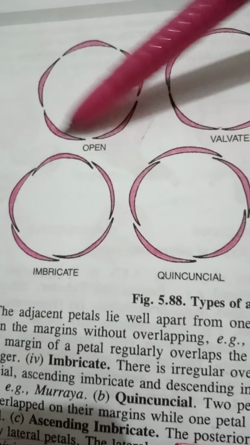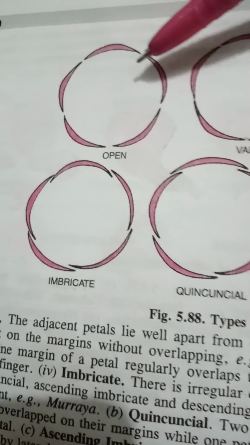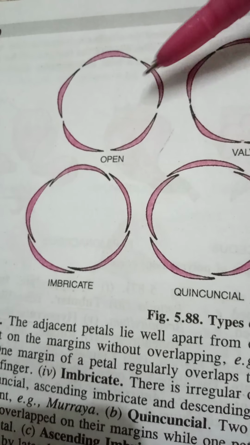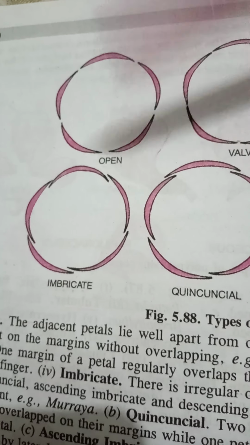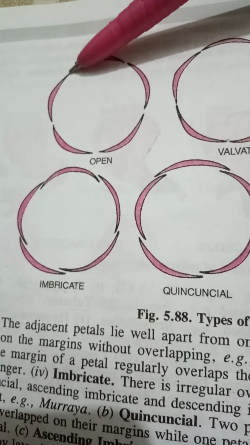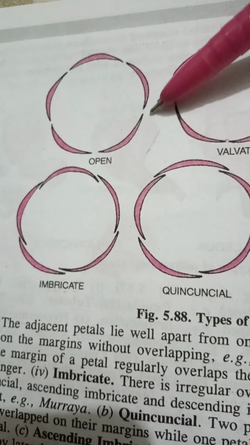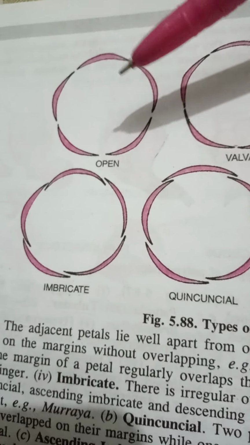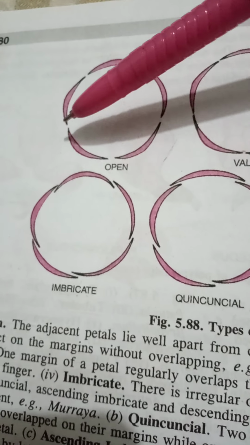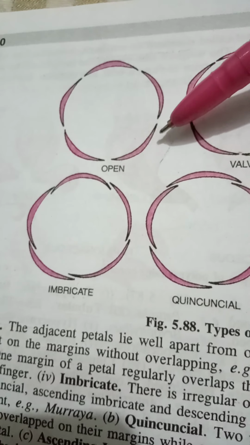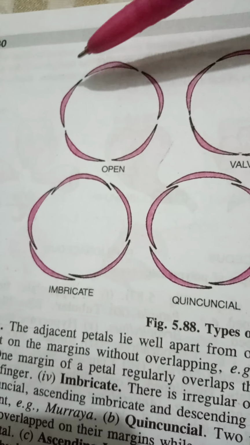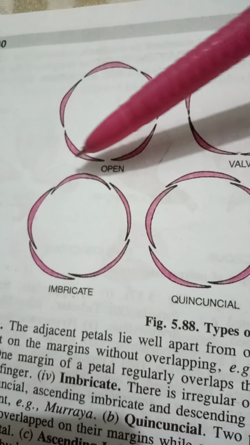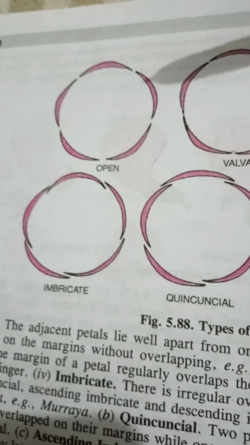The first type is the open type. As you can see in the diagram, this indicates the different petals. Here you can see that their margins are far apart. That means in this type of estivation the margins of the petals neither overlap nor come close to one another. So this type is called the open type.